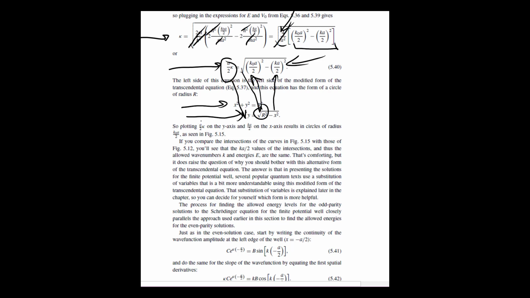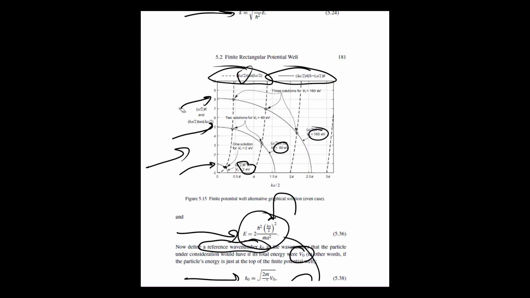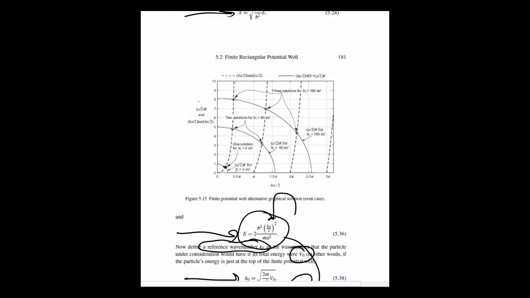Again, we got that because we plotted a over 2 kappa on the y-axis and Ka over 2 on the x-axis. So now let's look at that again, clean it up a little bit, and sure enough, a over 2 times kappa are circles about the origin. And exactly as we saw in the other form, we have one solution for V0 is 2 eV, 2 solutions for 60 eV, and 3 solutions for 160 eV.